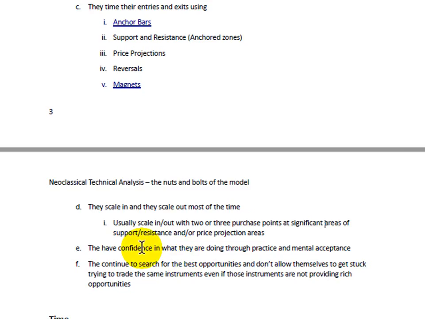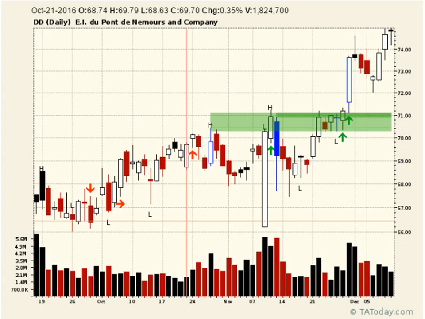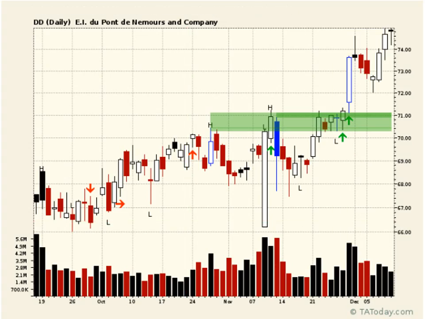The other thing you have to do is have confidence. A lot of people find it very hard to buy into retraces. And that's understandable. When you're looking at these charts and these retraces that are coming back here, these can be very difficult to buy. But you know your odds are the best if you have the probabilities in your favor.